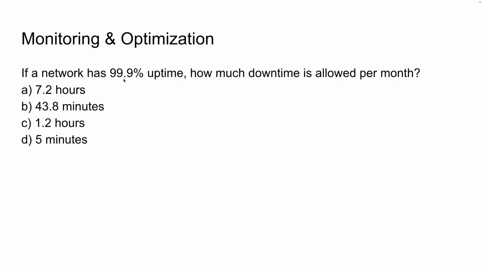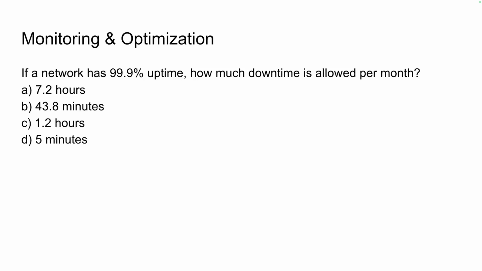If a network has 99.9% uptime, how much downtime is allowed per month? This is kind of tricky because we don't know the number of days per month. But if we look at the example that we got earlier, it was 43.8 minutes. So here's what I'm going to do right now. I'm going to pull out my calculator and analyze the numbers.